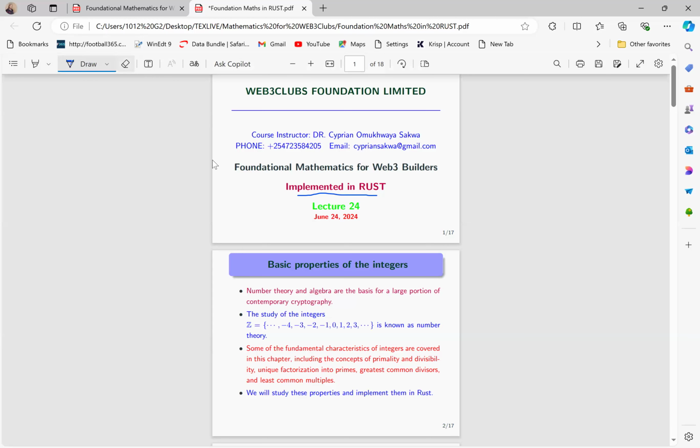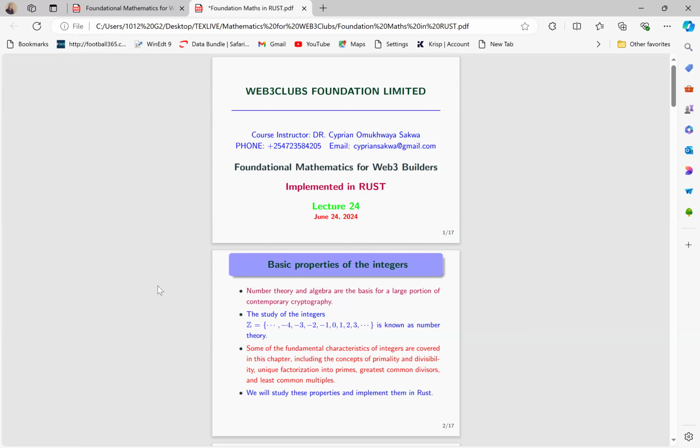So we had already looked at the properties of integers, and we had defined an integer as just a number from negative infinity to positive infinity. These are the integers.